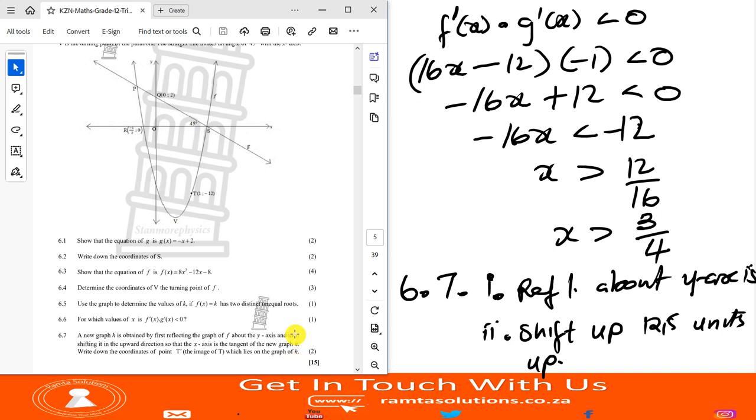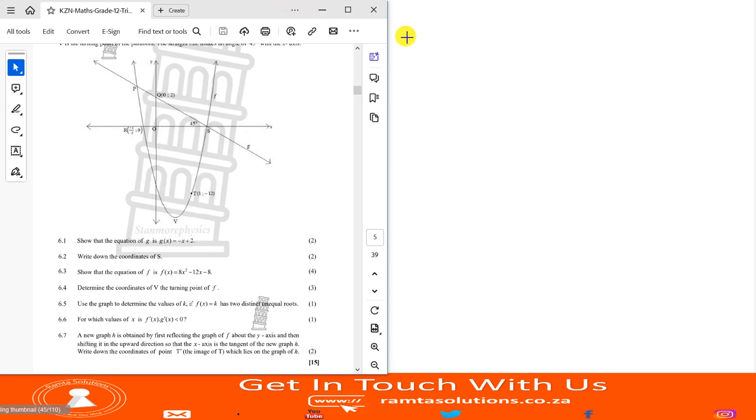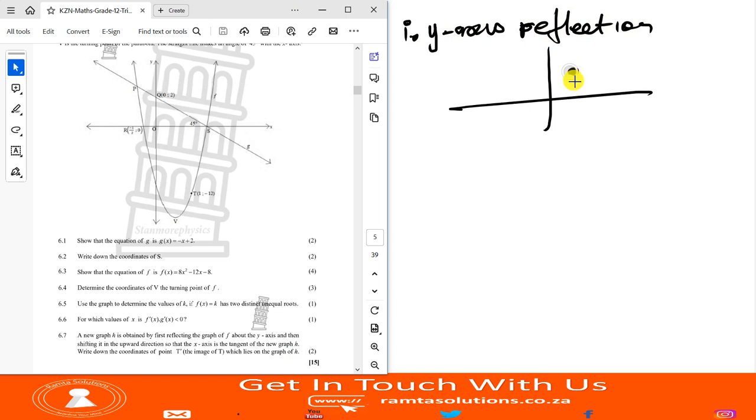It's okay, guys. Check this out. To answer this question, first, we say y-axis reflection. So y-axis reflection is like this. If a point is here and you're reflected along the y-axis, only x value changes.